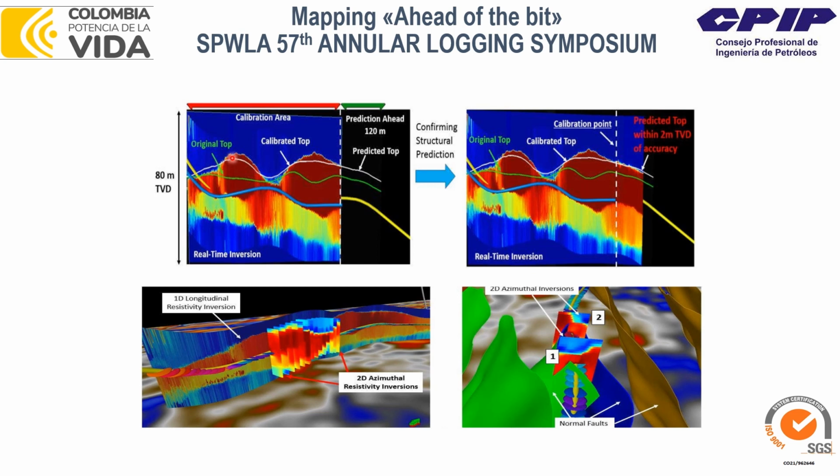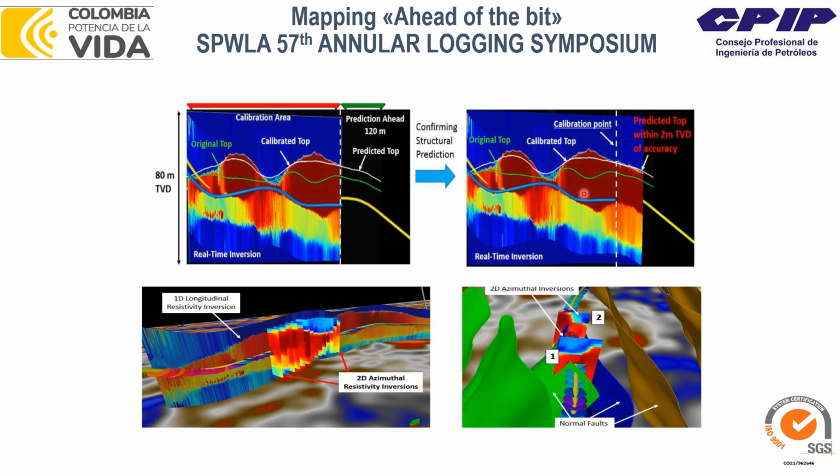And this white line is the reprocessed formation top, combining resistivity with the seismic. You can see here, 120 meters ahead of the bit, it is already predicted in a more accurate way. Look where the green one, which was old, is, and where the white one, which is updated, is.